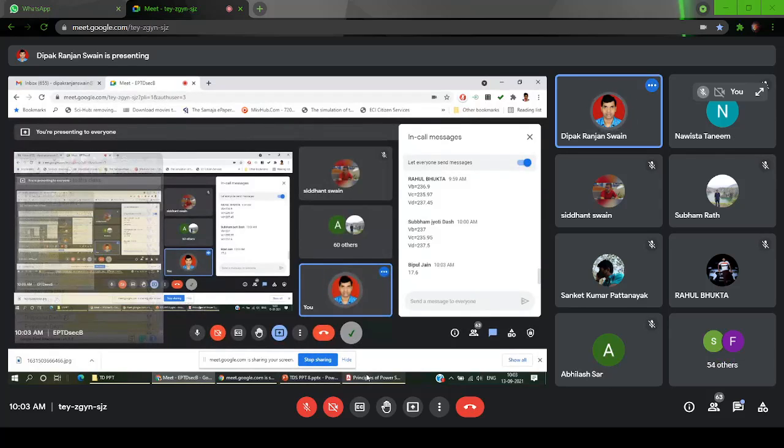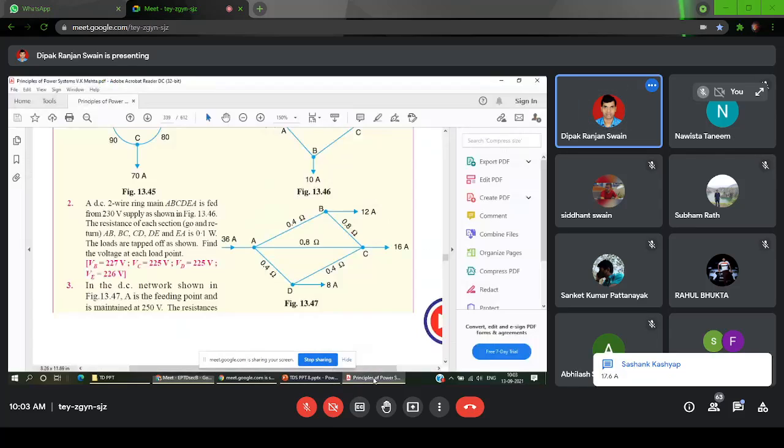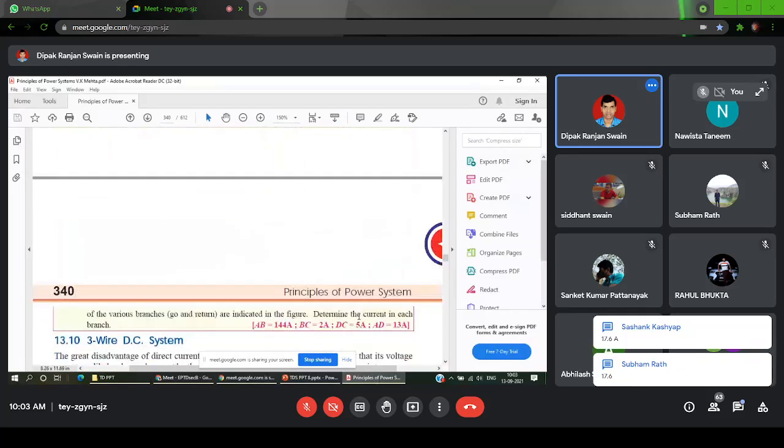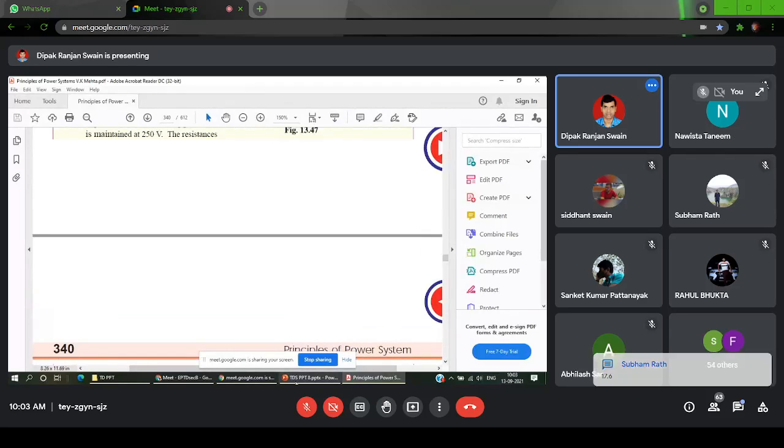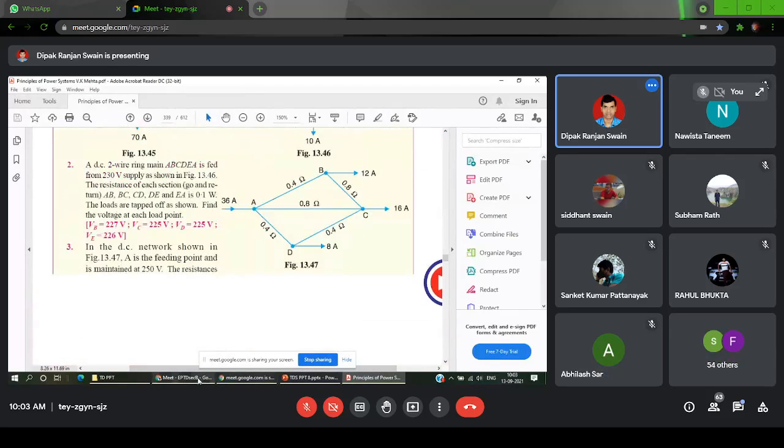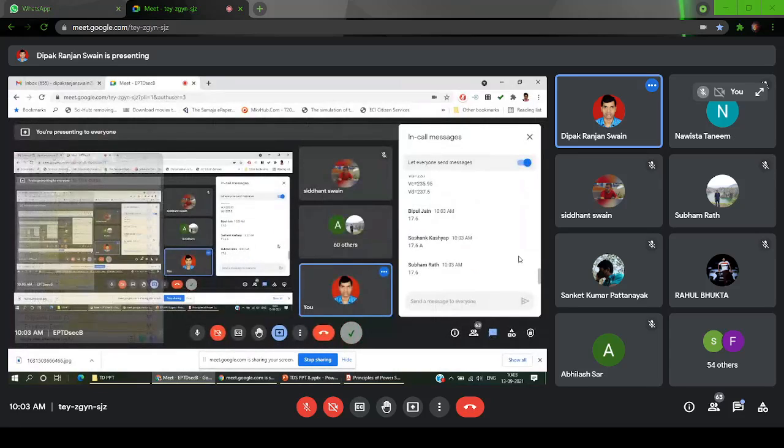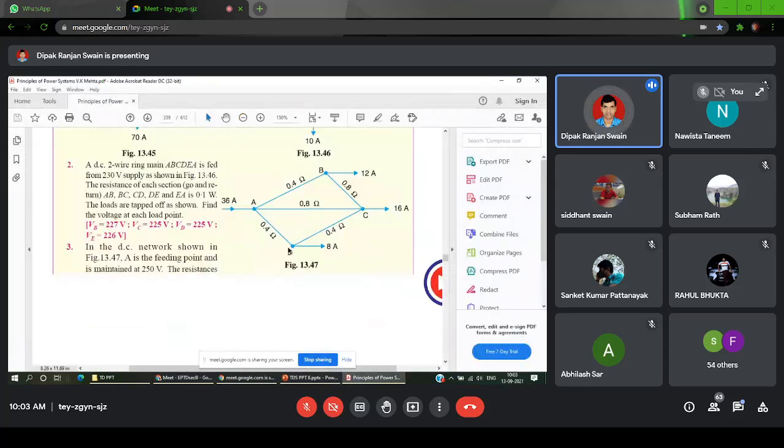Is it clear? Same for all of you? Okay. So once you have that current, find out the potential drop between the point A and C. How will you find that? Once you have the value of I, you can find the branch current in each section.